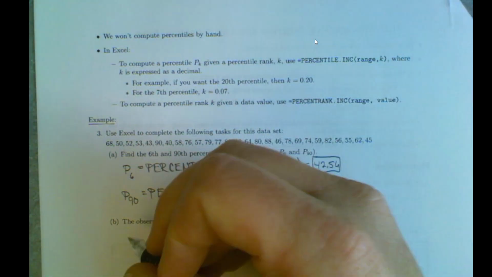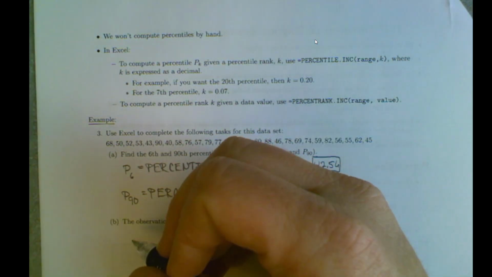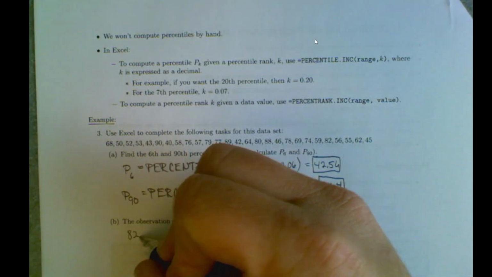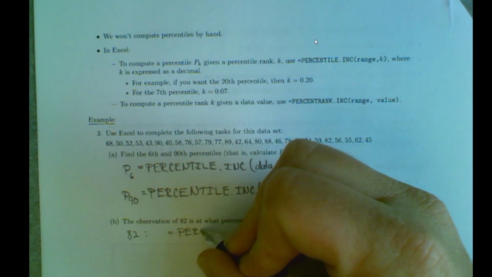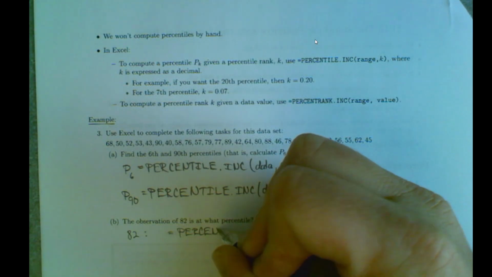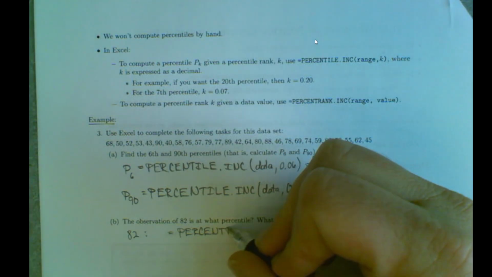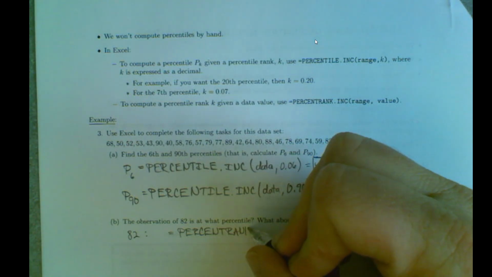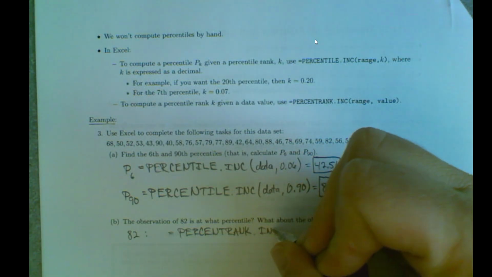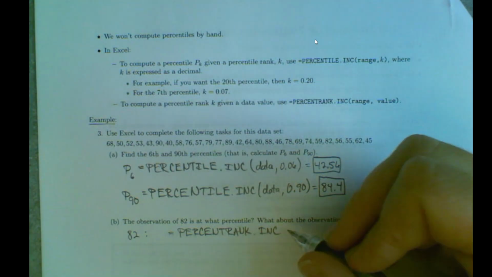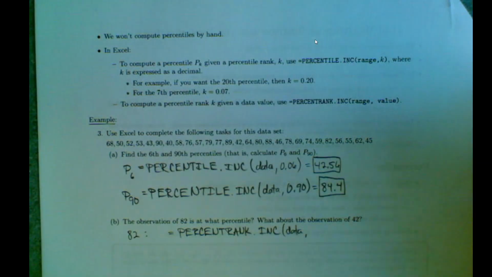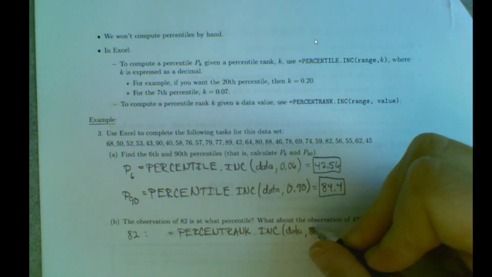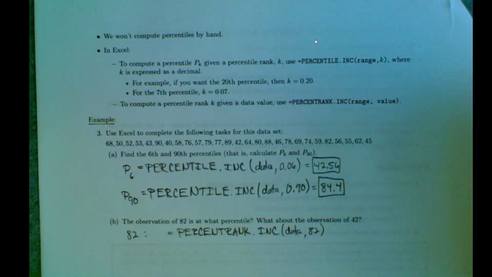So this time for 82, we'll use the equals percent rank.inc, and again we'll select the data and I'll put in 82 for the value.